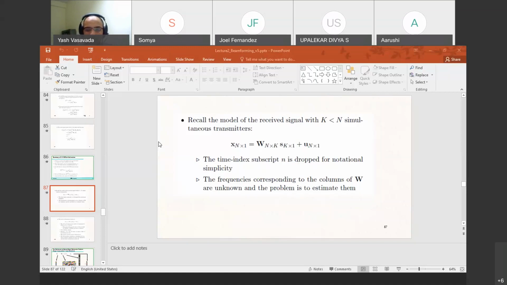Okay, maybe this would be a good question for you all. Who can tell me the width of the main lobe of the DFT and the suppression of the first side lobe related to the main lobe?